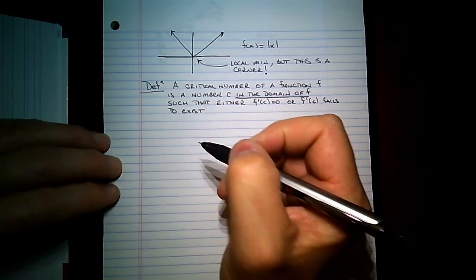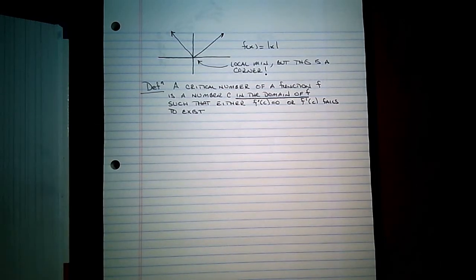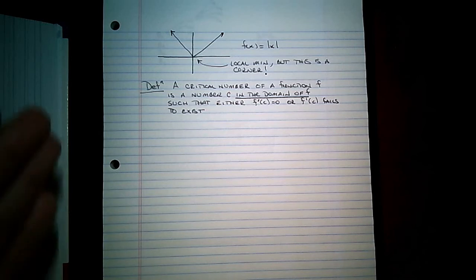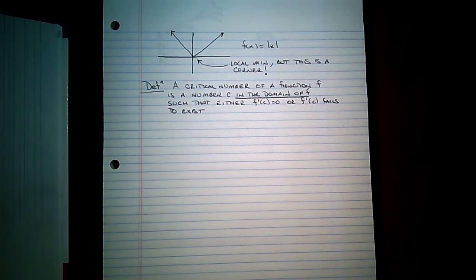Those two places are where you and I are going to go to look for mins and maxes. We're going to look for mins and maxes on those values that we have now given a name. Those values that are critical numbers.